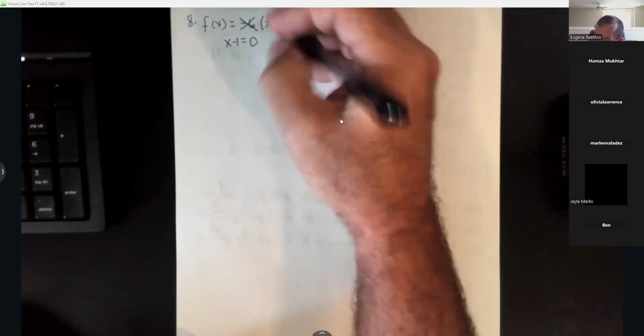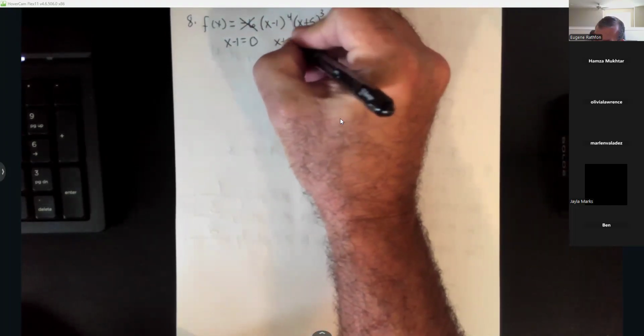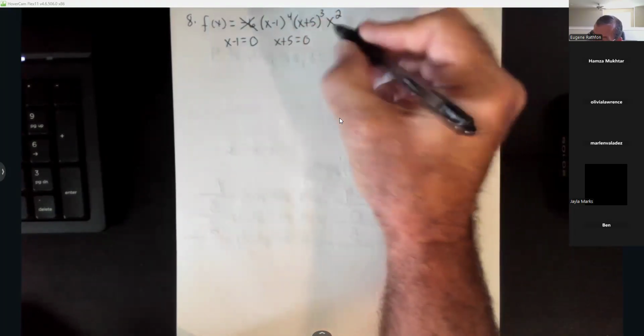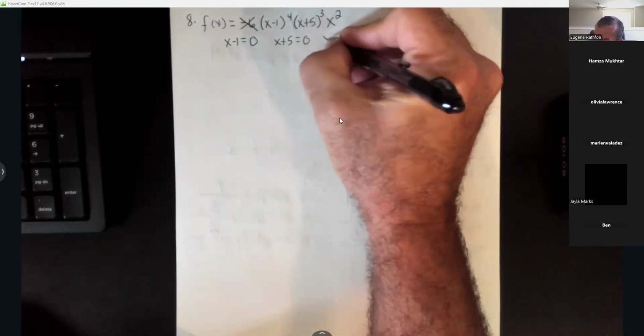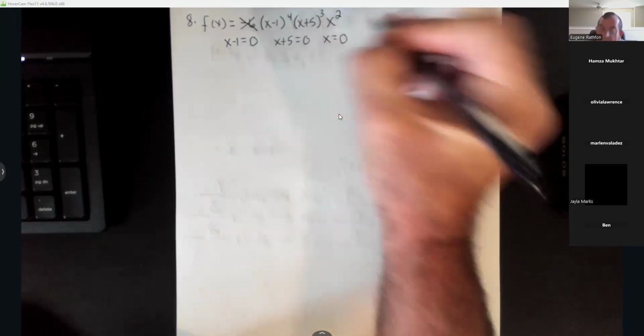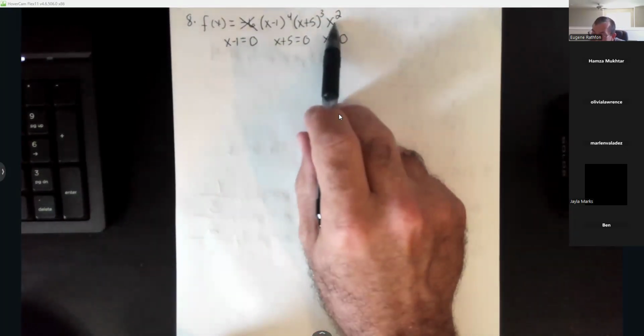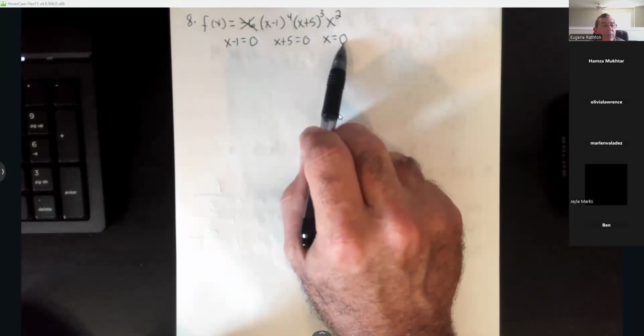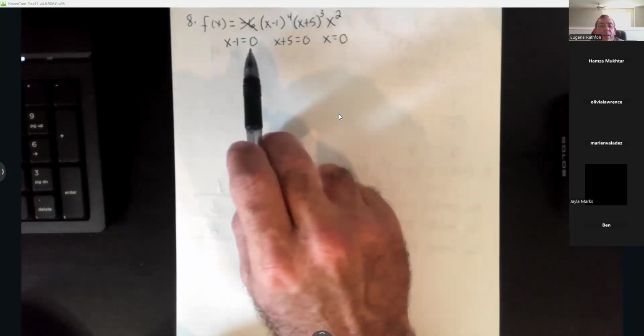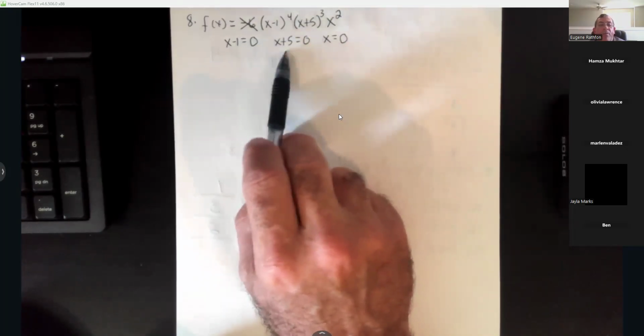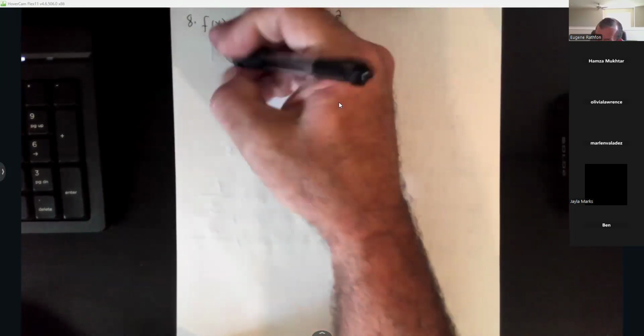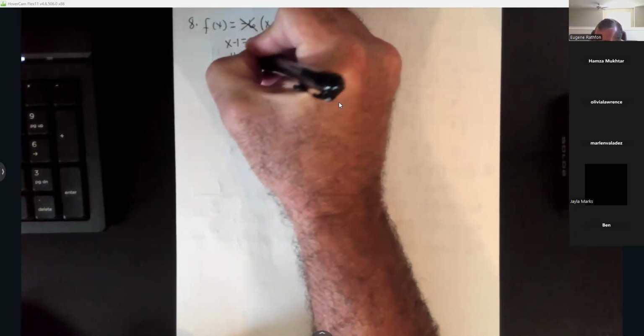I'll set that equal to 0. X plus 5, I'll set that equal to 0. And then on the x squared, I'll set that x equal to 0. Once again, the single variable is always going to equal 0, okay? So these two you actually got to figure out. So y'all, I'm going to add 1 to the first one.